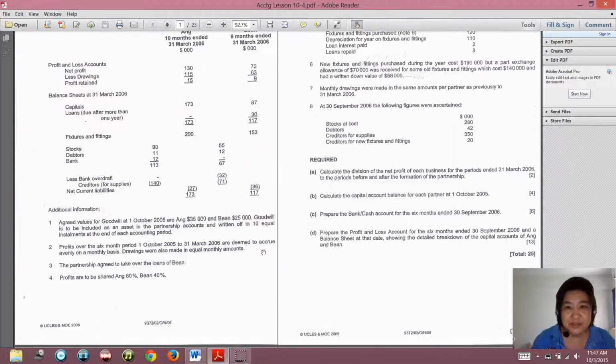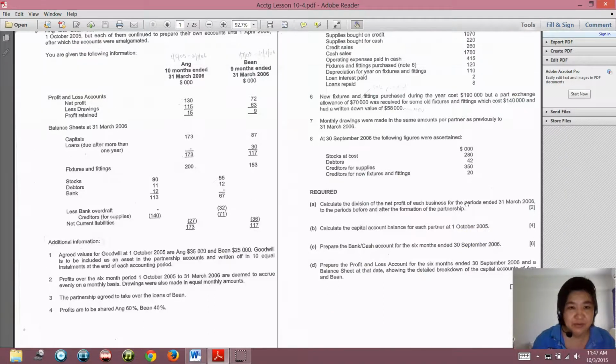So part B of the question says calculate the capital account balance for each partner at 1 October 2005. So you are given here the capital at 31st March 2006 is 173,000. And then for 10 months ended 31st March 2006, you have drawings here.